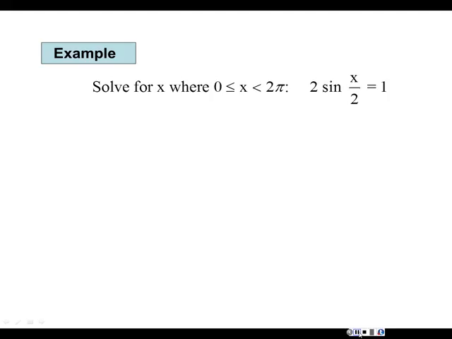So let's look at the equation here. 2 sine x by 2 equals 1. It's very simple. If you divide both sides by 2, you will have sine x by 2 equals half. At this point, first of all, the sign is positive, and it's restricted by 2 pi.